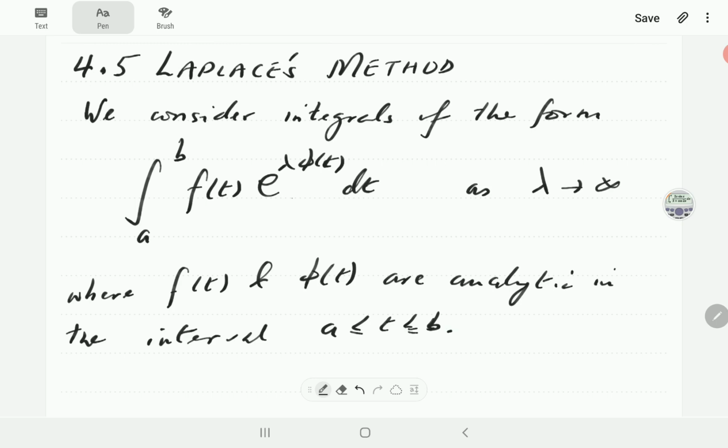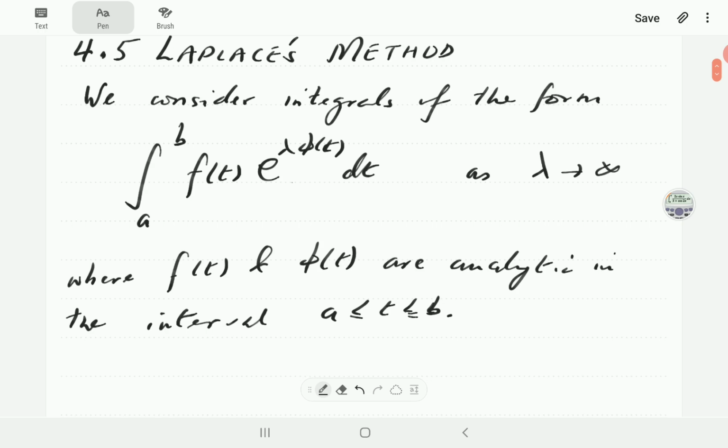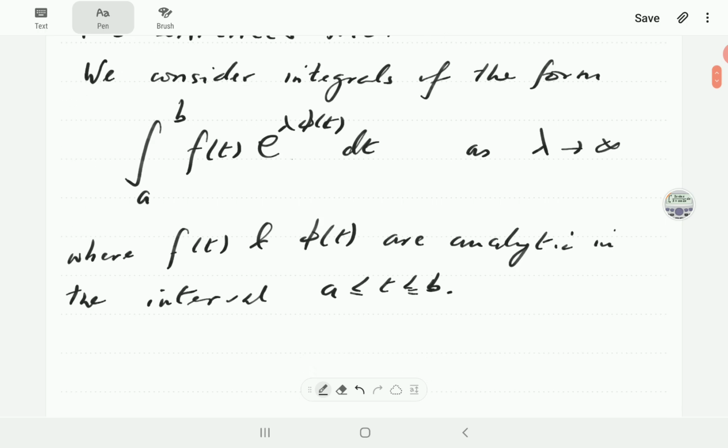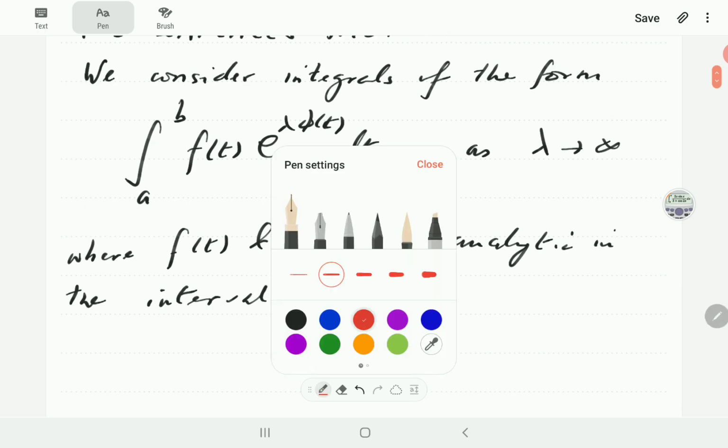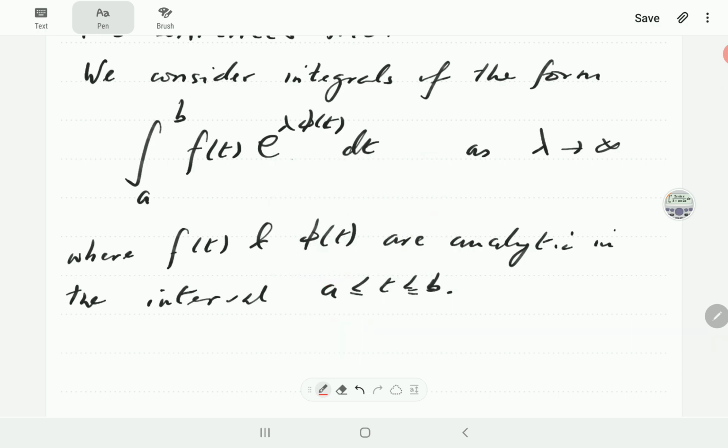Now this method is based on the fact that as lambda goes to infinity, the impact of this function here is going to be amplified.